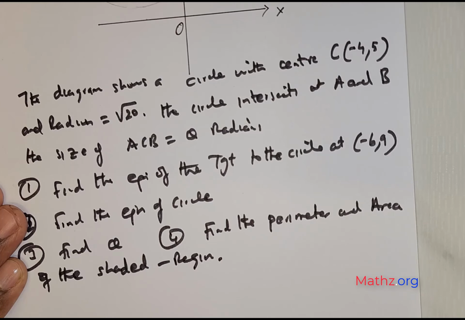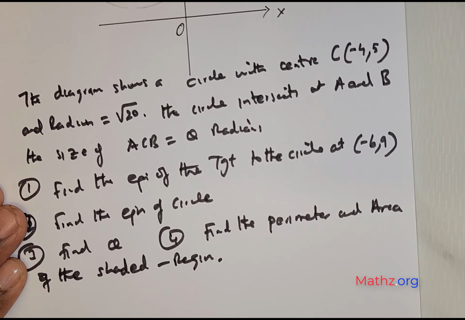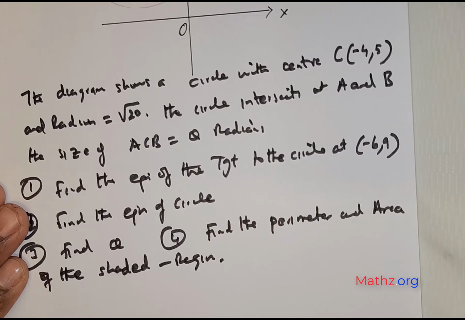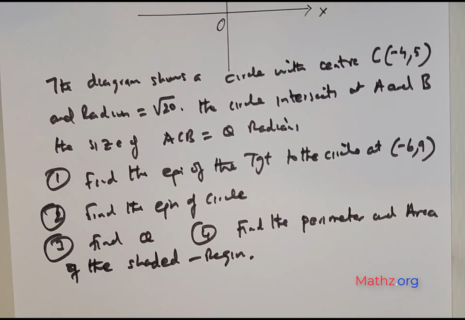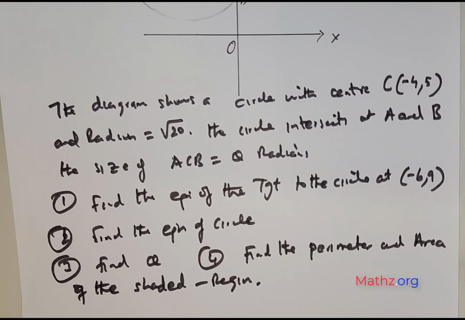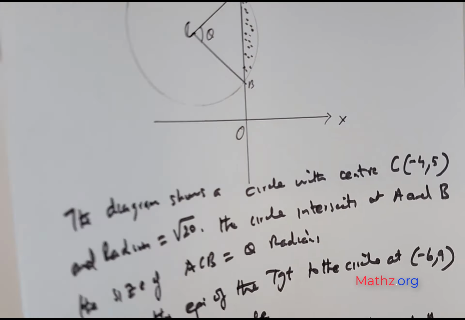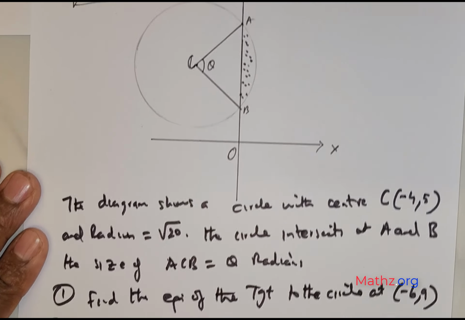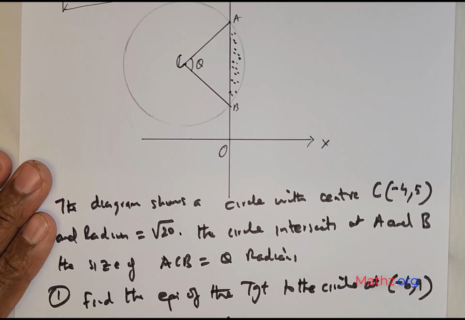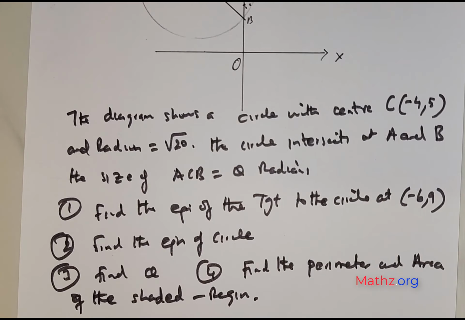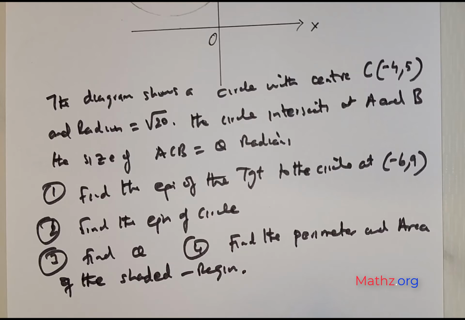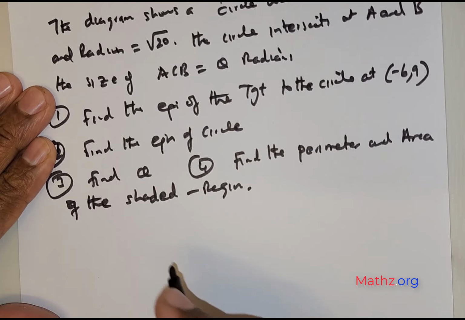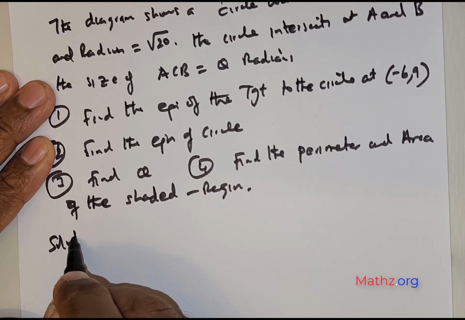Okay, so we will have to do quite a sum. So let me just make this a little bit spacious. Okay, all right. So let me write the following for the solution.